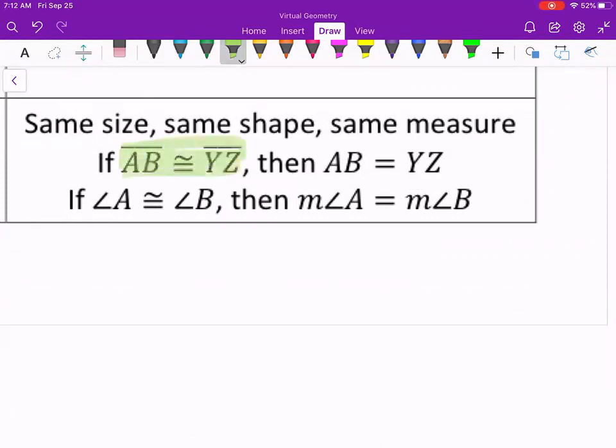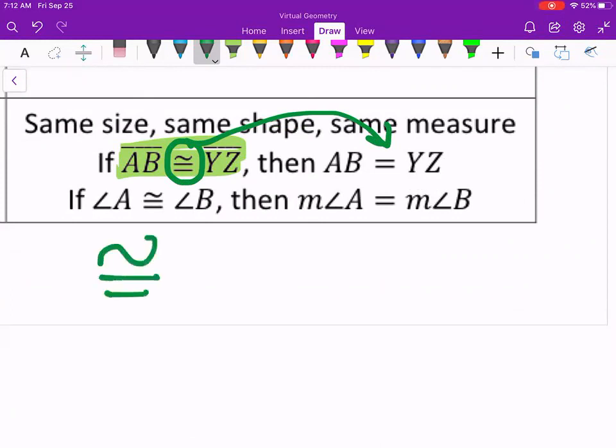We've got the hypothesis of the beginning one that started off with congruent, and then we moved to our next piece, which took that congruent symbol and then said that you have an equal. So if two things are congruent, then their lengths have to be equal.